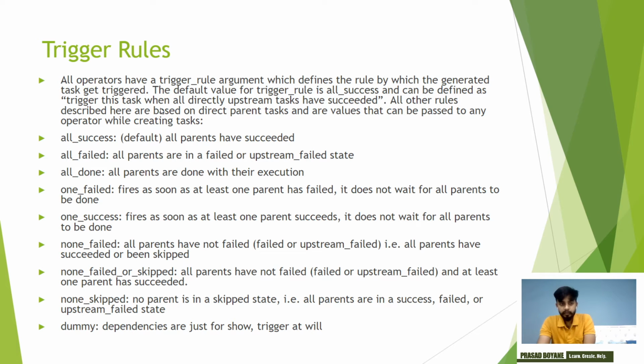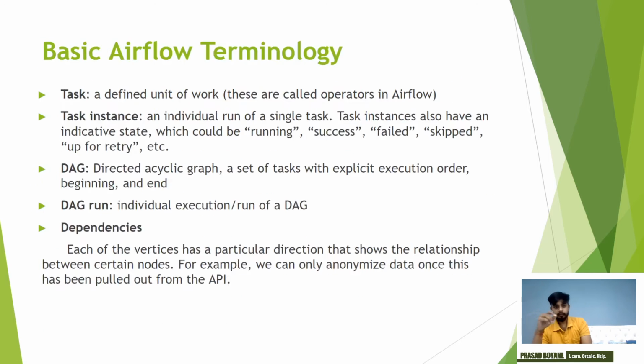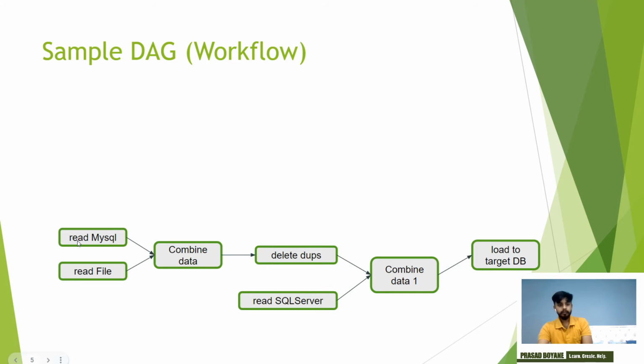And triggers. So we have talked about dependencies, right? So how one task is dependent on the next one. But my requirement is, there are two tasks. So let's say here, in this case, by default both tasks, read MySQL and read file, should get successfully executed to execute this combined data task.